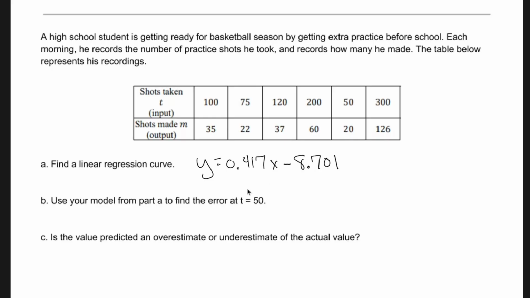And at 50, we ended up with what we ended up with, which the error was negative 7.86. Now, the actual was 20. The predicted model gave us 12.140, which means the value predicted is a much underestimate of what we actually got because it's way below.